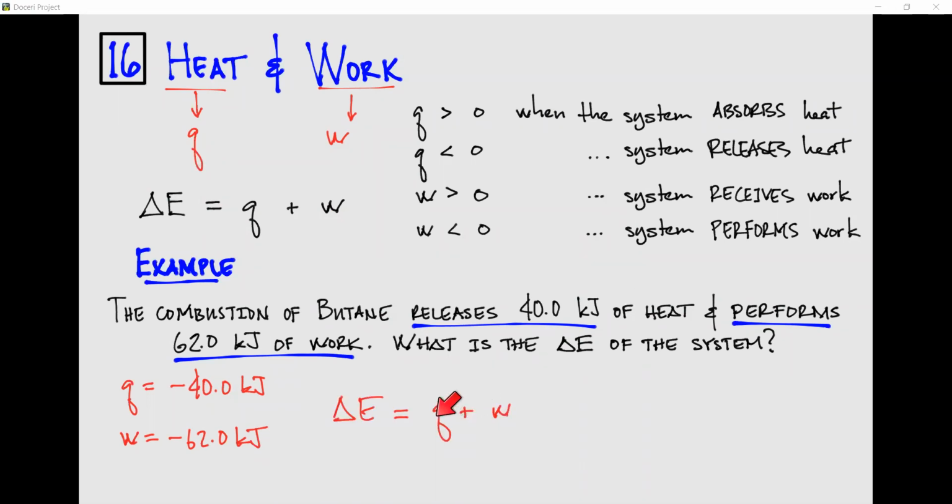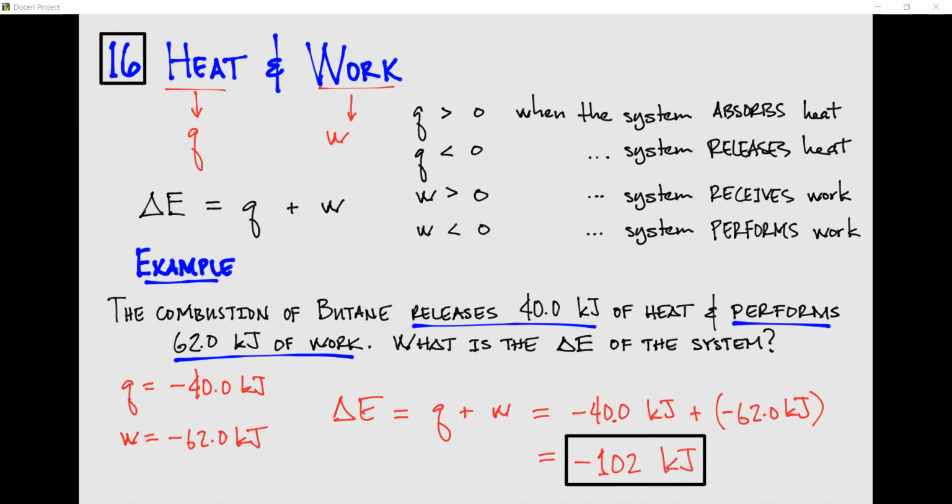Plug the numbers in, negative 40 plus negative 62, and we get negative 102 kilojoules of energy. So again, the negative sign tells you that 102 kilojoules of energy was released by the system.